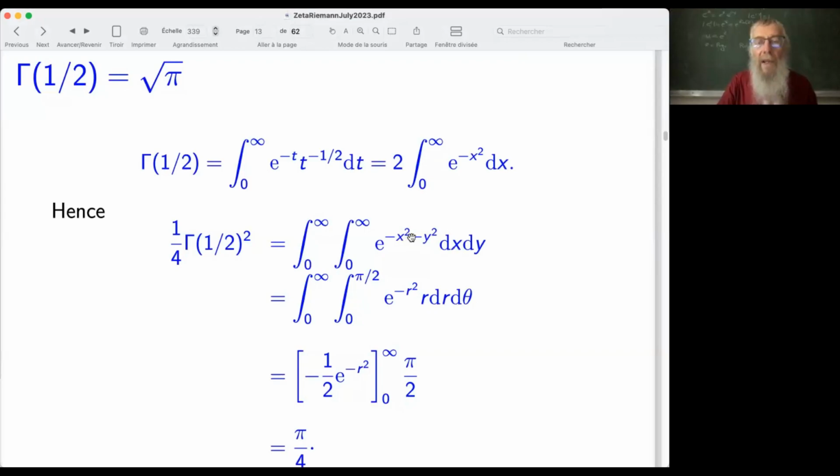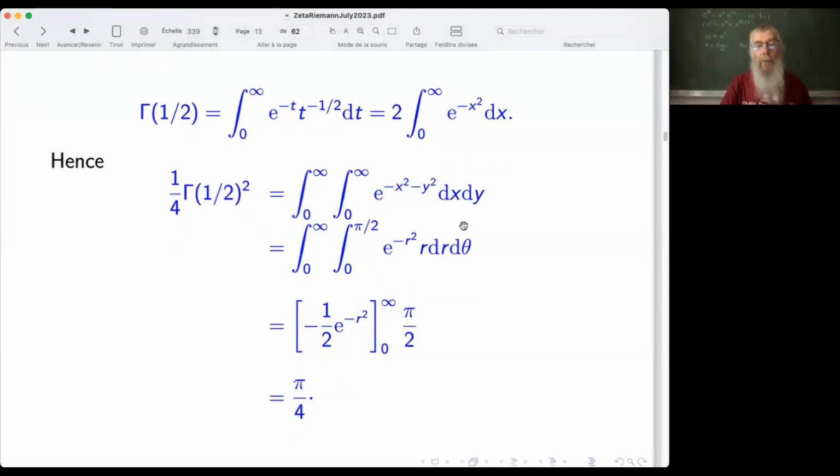Instead of the coordinates x, y, we take the coordinates r and theta. And with this change of variable, we see that this integral is the integral for theta between 0 and pi over 2, and for r between 0 and infinity of exponential minus r squared, which is this term, and dx dy becomes r dr d theta.